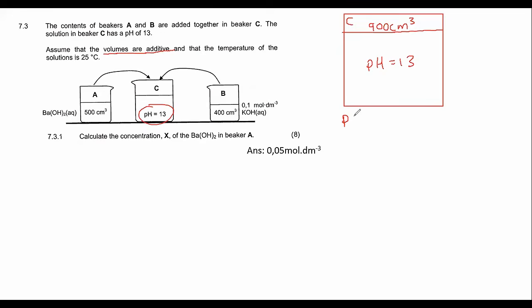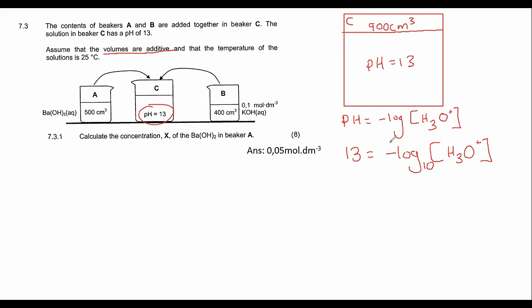I would go to my pH formula, which is this, and I would fill in my pH. Now, the base of a log, if there's no number there, is a 10.